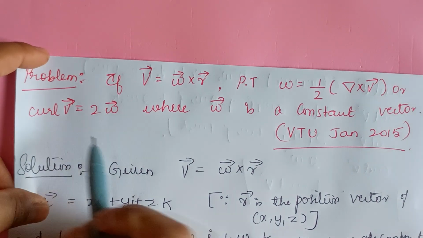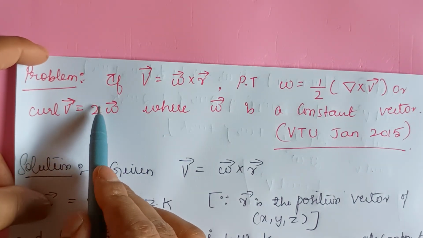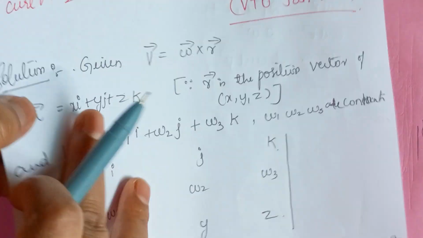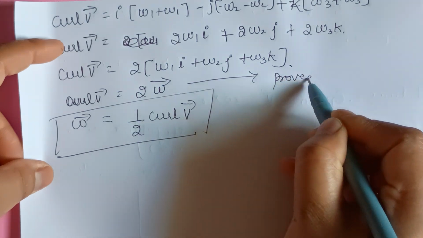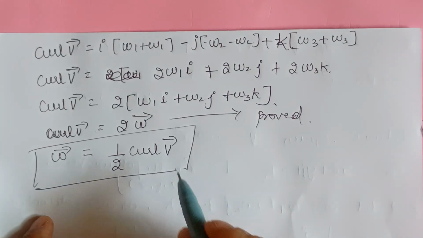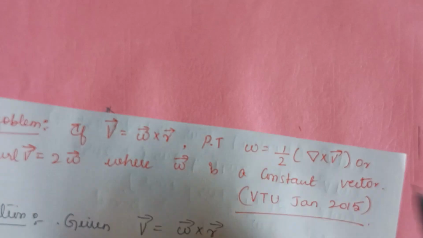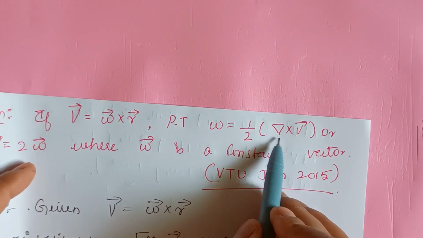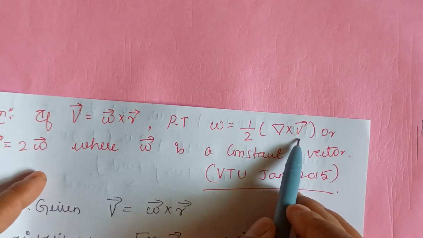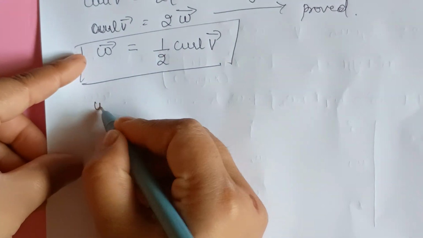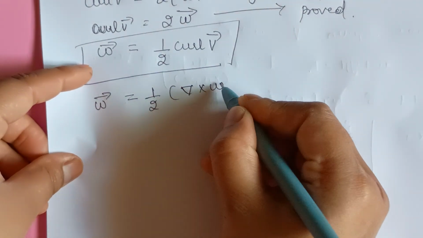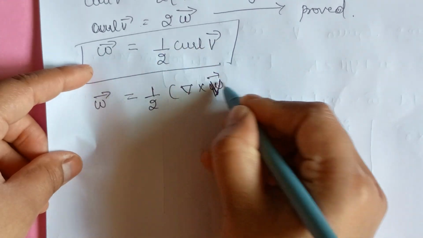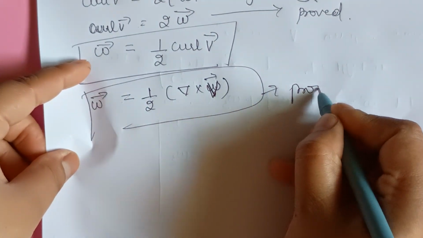Curl vector v is equal to 2 times vector w, and this was proved. And w is equal to half times curl of vector v, where del cross vector v is the curl of vector v. So this can also be written as vector w is equal to half times del cross vector v. Hence this is also proved.